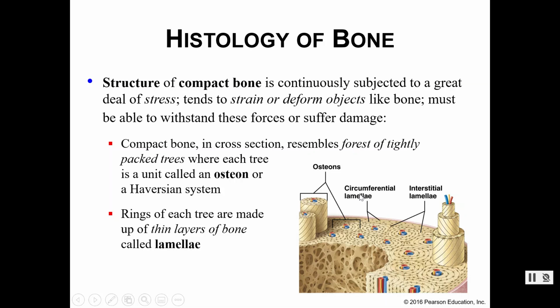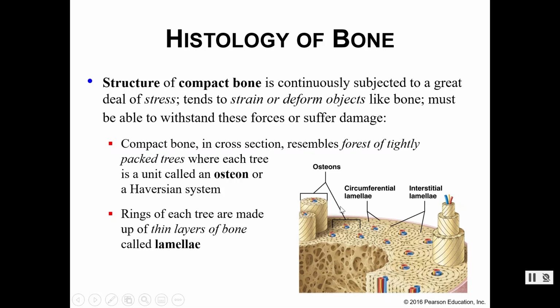So, cross section. We've got our cross section here. If you use your imagination, you look really hard, these look like trees, tree trunks. Imagine we've cut the top of the tree off, and this is the trunk. These big systems are called osteons or Haversian systems.